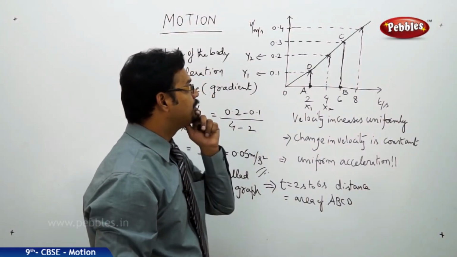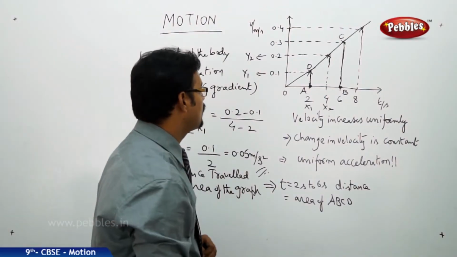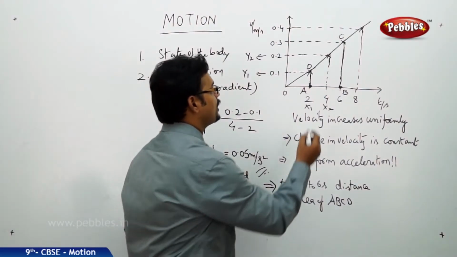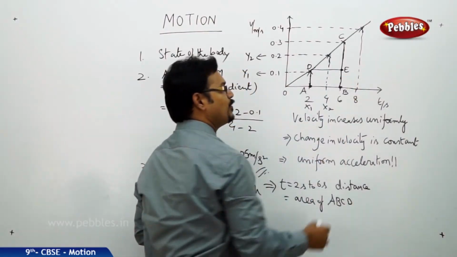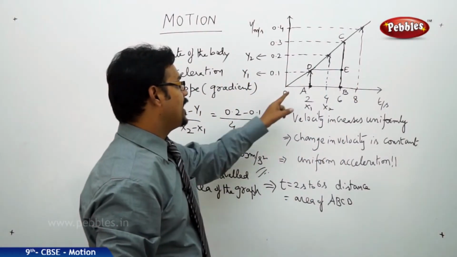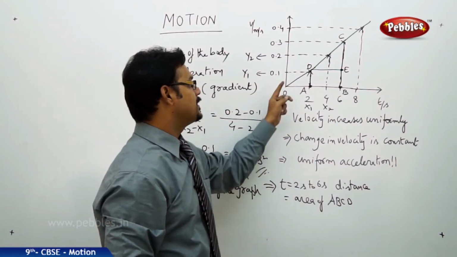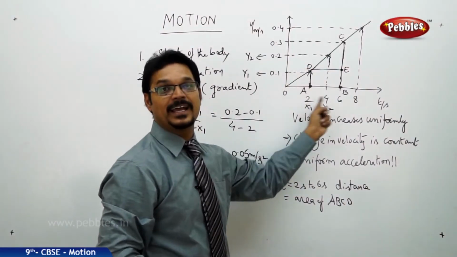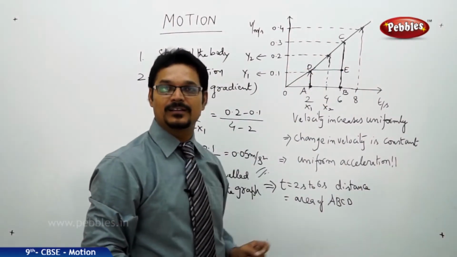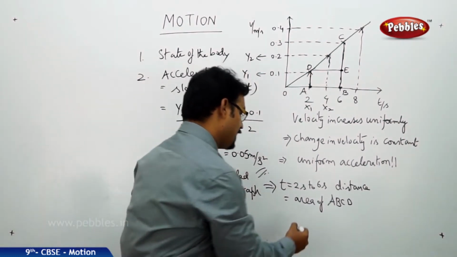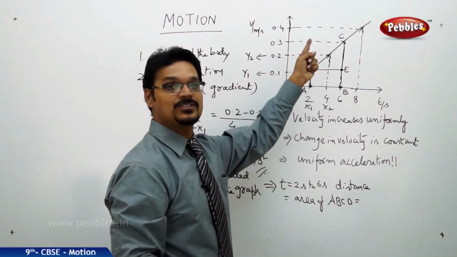How do we find it? For this, there are two ways I will tell you. First we take the simpler way. From D, you draw a line. Take that intersection point as E. Now this area ABCD divides into two areas. One is the ABED rectangle. The other one is the DEC triangle. Therefore, the area is nothing but the sum of the area of the rectangle and the triangle.